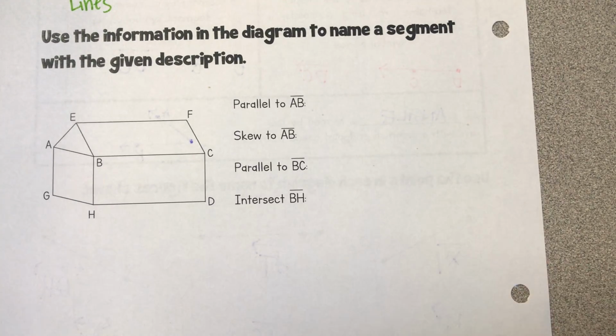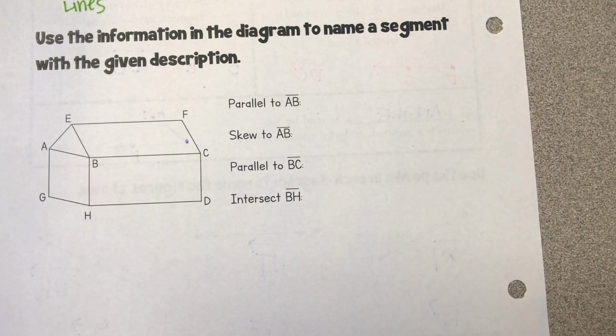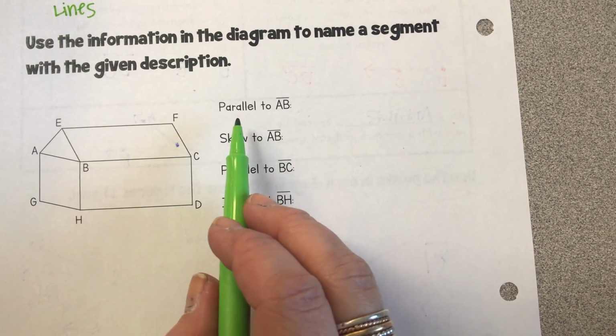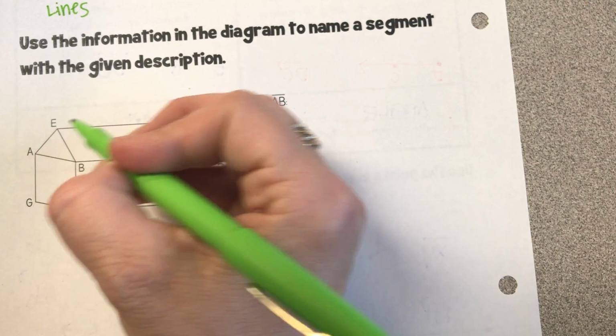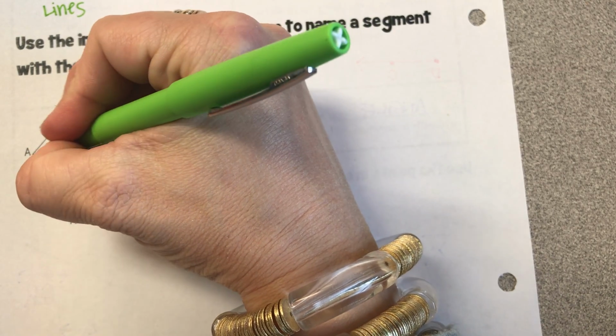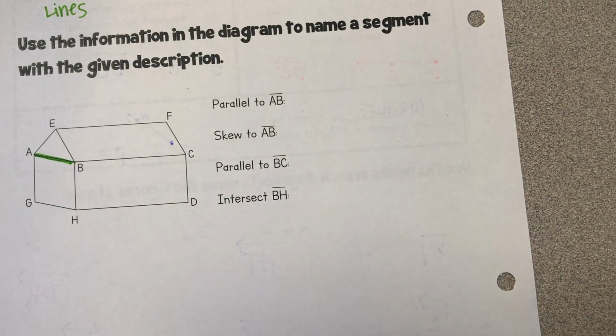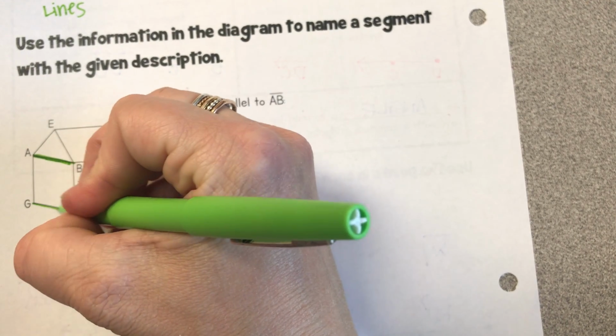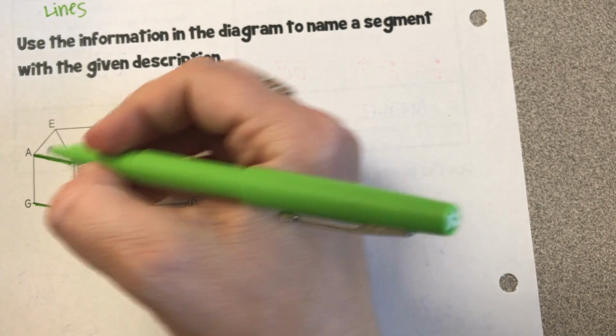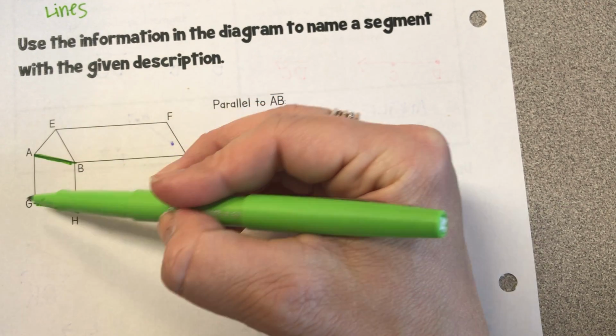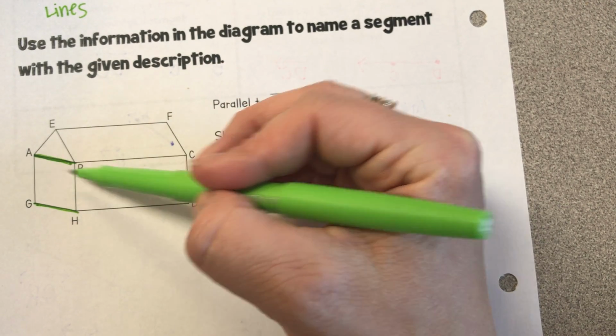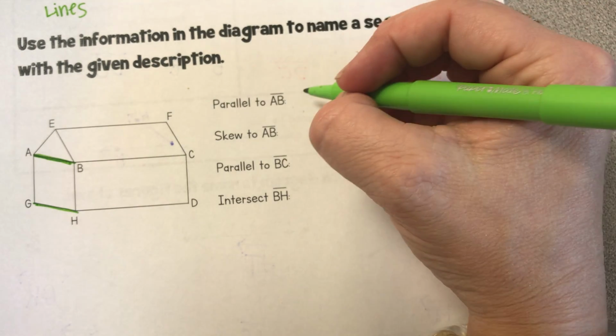So then this bottom part says use the information in the diagram to name a segment with the given description. We want to name a segment that is parallel to AB. So this is AB. What would be a segment that's parallel to that? GH, right? This is like the front of the house. These two are on the same plane, but they are never going to intersect. They are parallel.